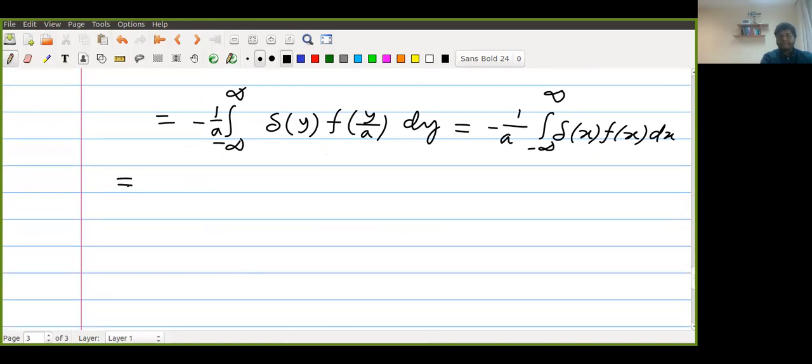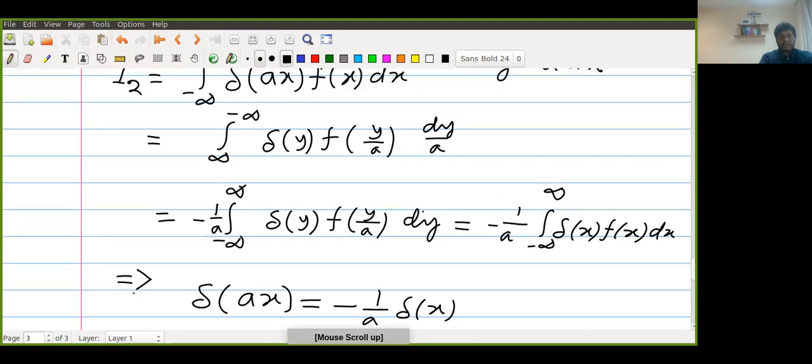So from this point, I get delta of ax when a is negative. I get minus 1 over a delta of x. So this is one of the results I got.